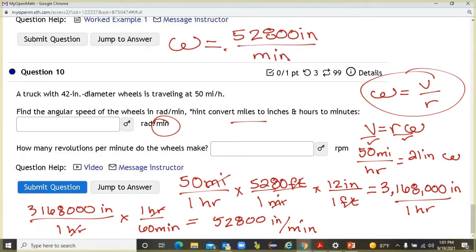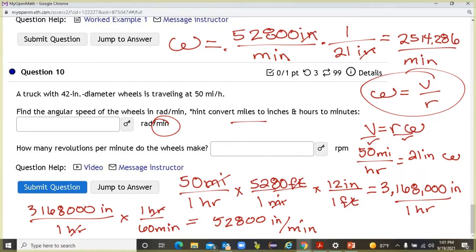And then we want to divide that by the radius, which is 21 inches, and dividing by a number is the same as multiplying by its reciprocal. Notice the inches are going to cancel. So I'm going to divide that number by 21, and I get 2514.286. This is in radians because it's automatically in radians, and this is per minute. So this is going to be our answer per minute.